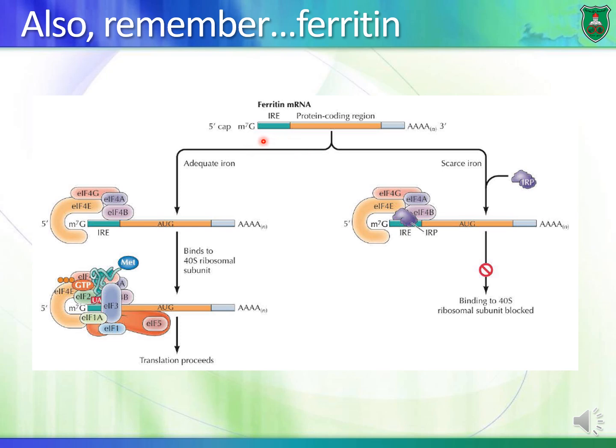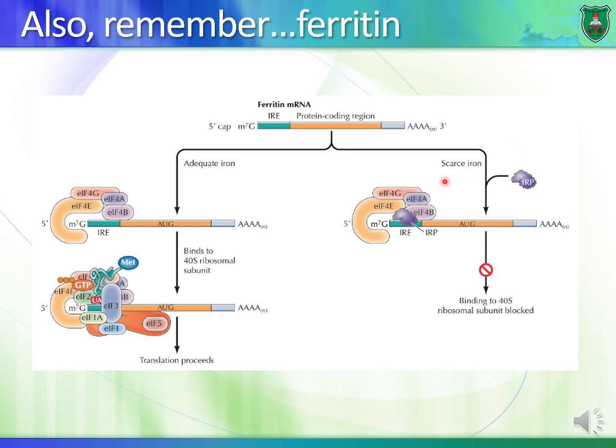So what happens here is that if there's adequate iron, the iron regulatory protein binds to iron and gets released from the messenger RNA. So you have the formation of the whole initiating complex of translation, and it brings in the small ribosomal subunit, and ferritin messenger RNA can be translated.